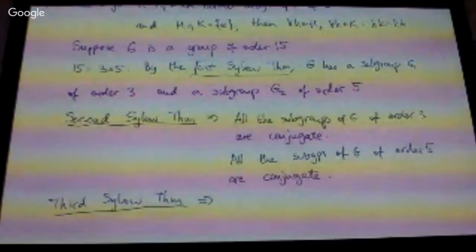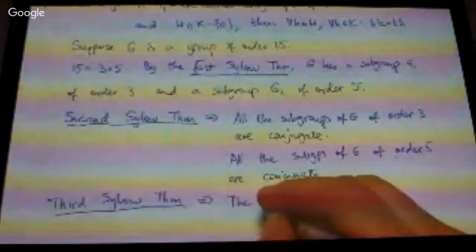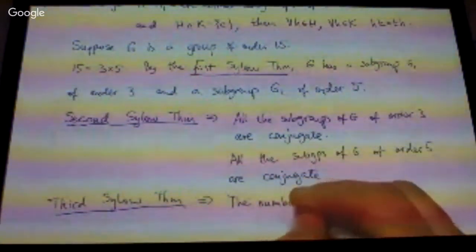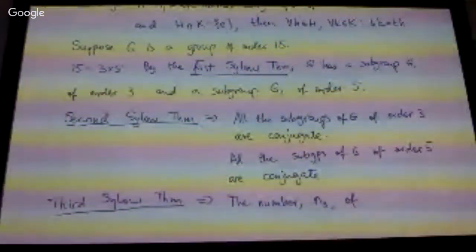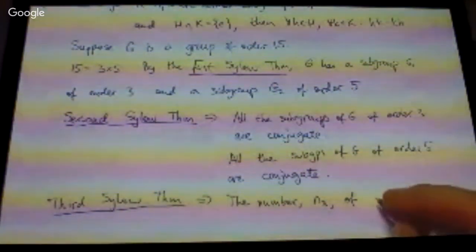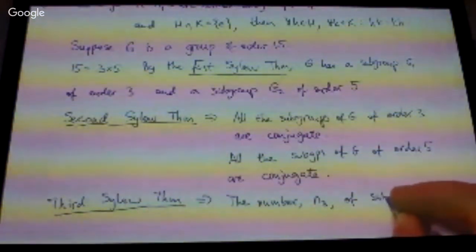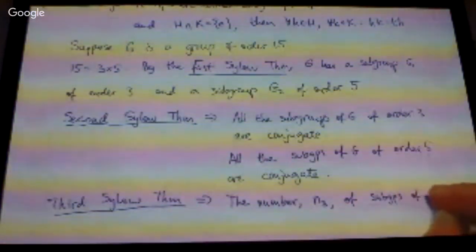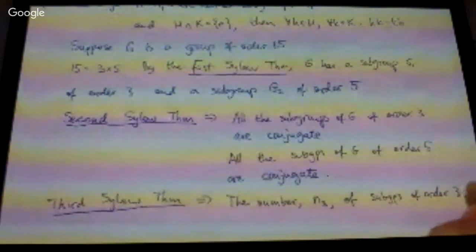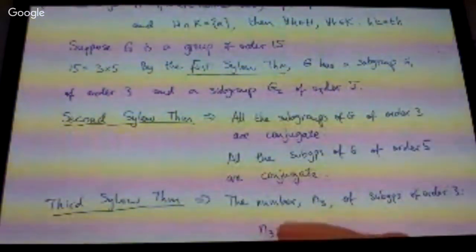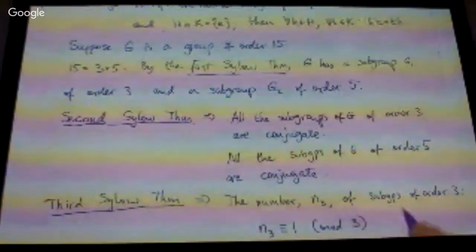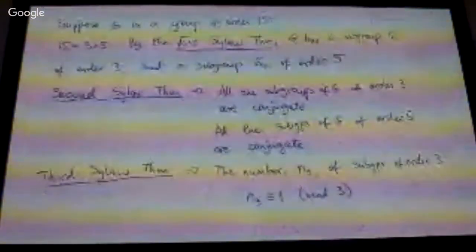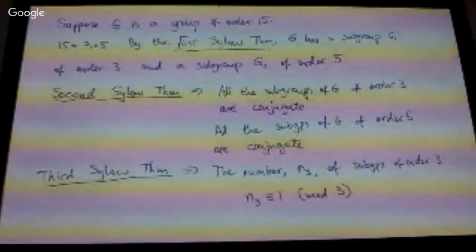So the number n3 of subgroups of order 3 is congruent to 1 modulo 3, and it divides 15.